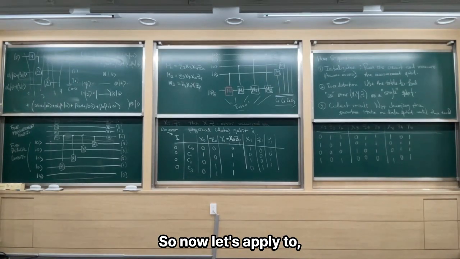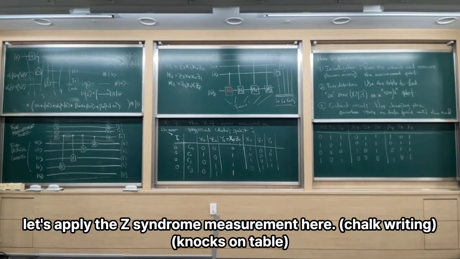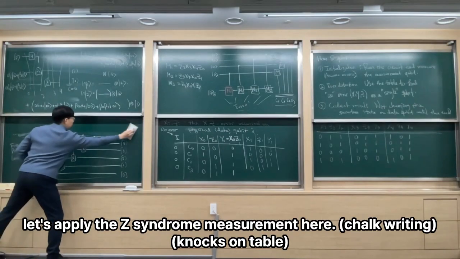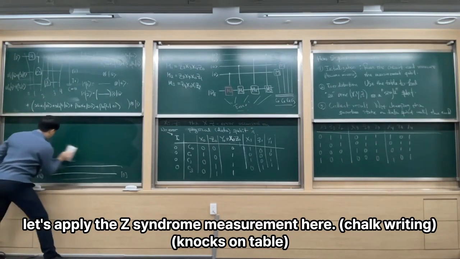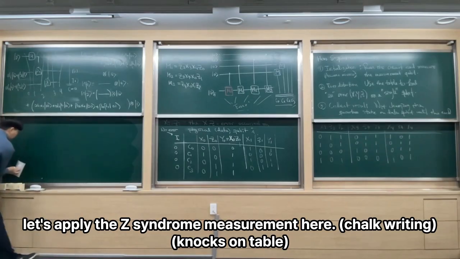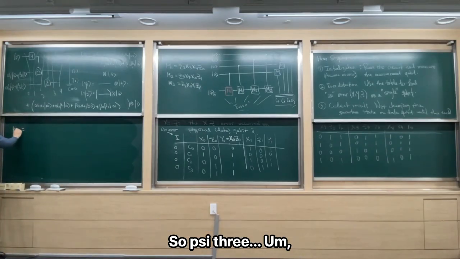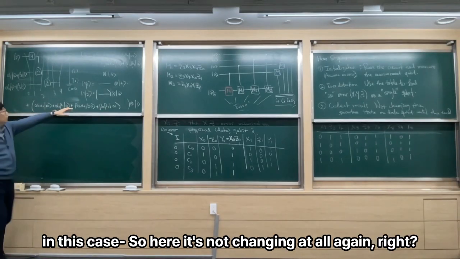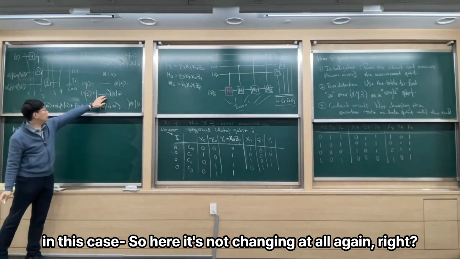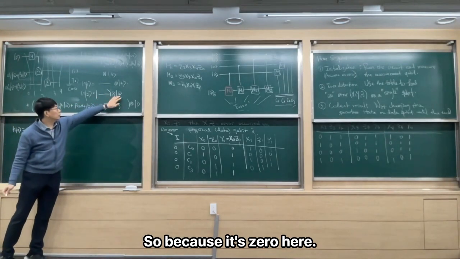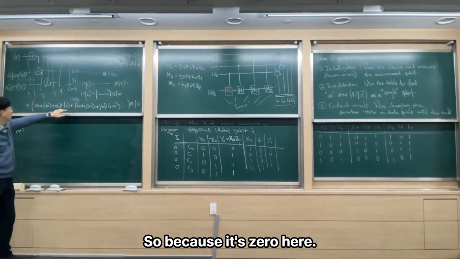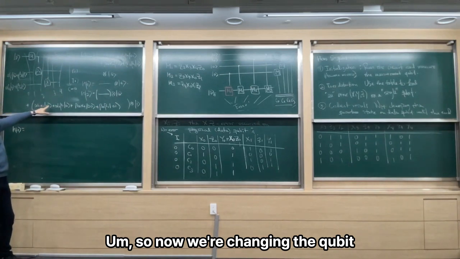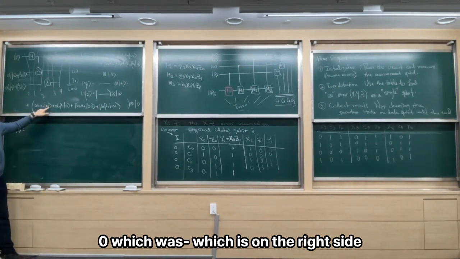So now let's apply the Z syndrome measurement here. So psi 3. In this case, it's not changing at all again, because it's 0 here. So now we're changing the qubit 0, which is on the right side.